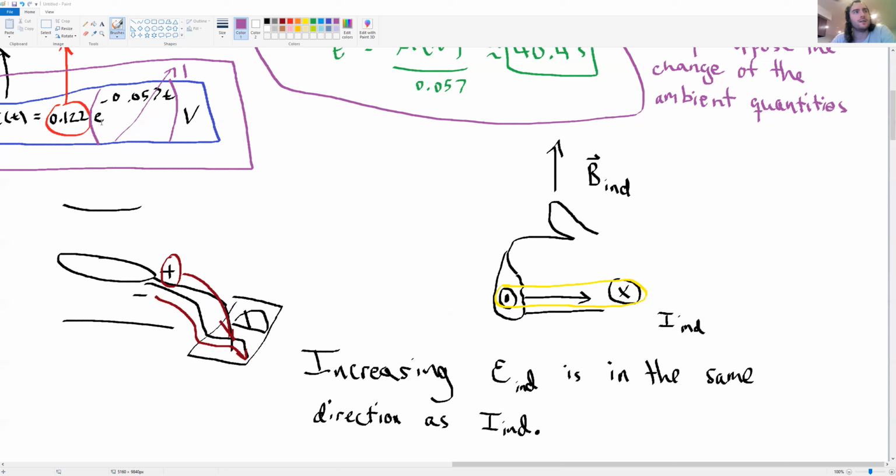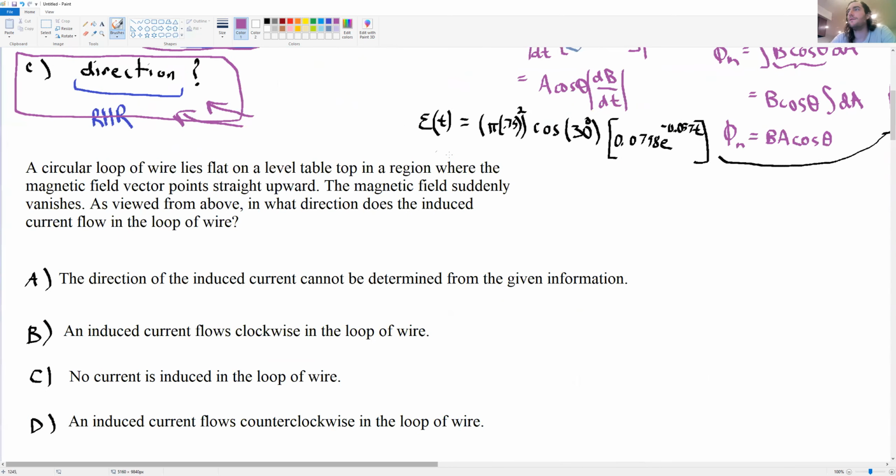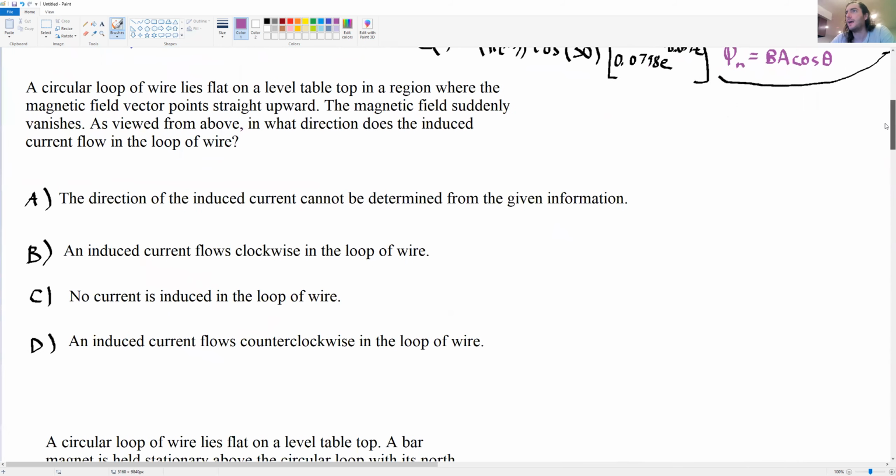Okay. All right, so let's go ahead and do a little bit of individual thinking about conceptual questions. And then after we think about the question individually, we'll come up with an answer, right?